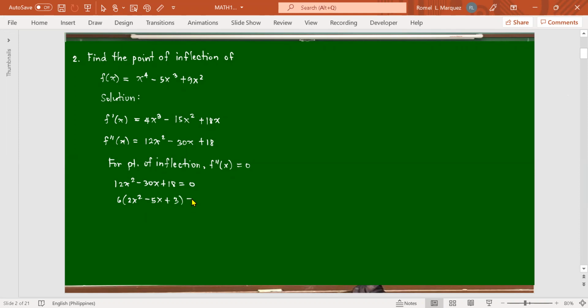Is this factorable, guys? Could you please check? It is factorable. What are the factors? 2, 1, 3, 1. So we have 2x minus 3, x minus 1. Am I right, guys? So equate its factors to 0.